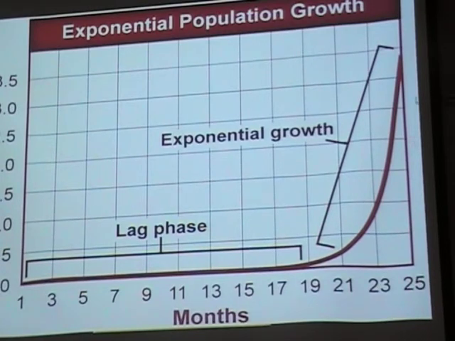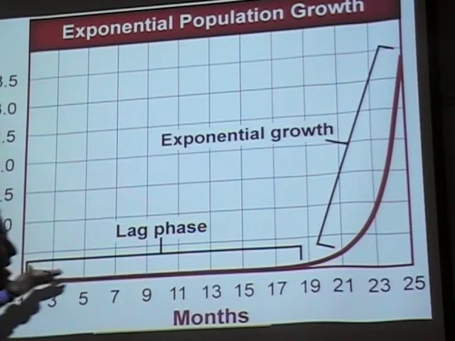Now, this exponential growth cannot go on forever. It has to stop because of those limiting factors we talked about earlier. Disease, pollution, not enough space, not enough food. Maybe predators come in and start eating these organisms because there's so many of them. You can have fires, floods, changes in the environment.